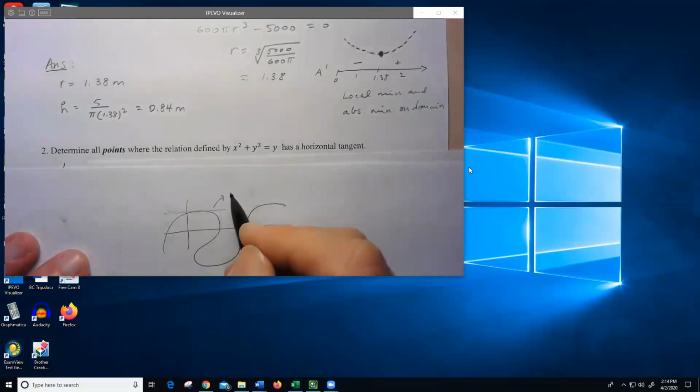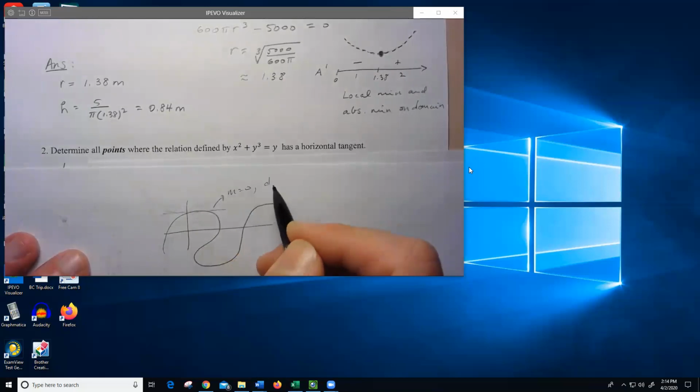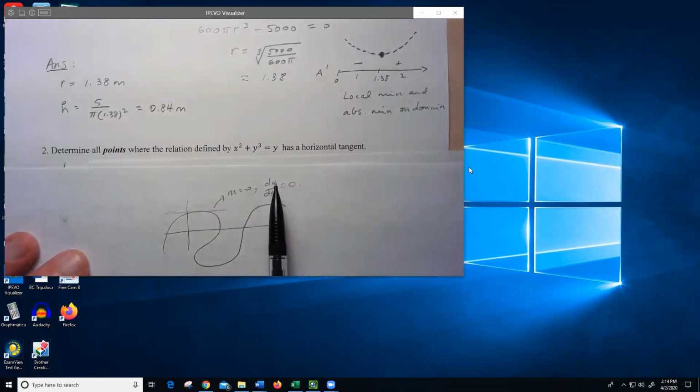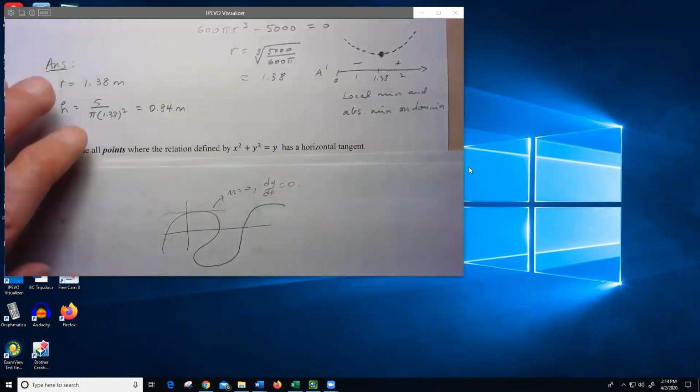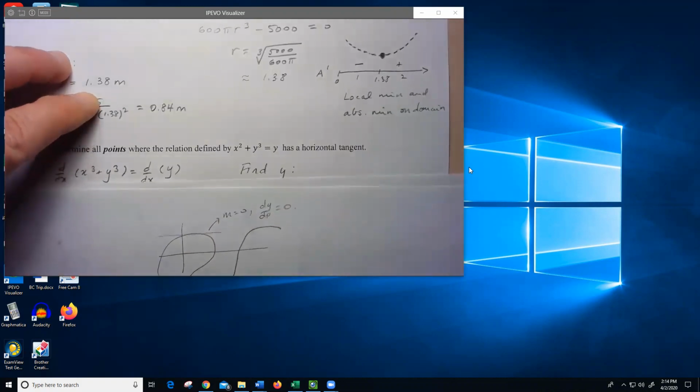So the slope is still represented by the derivative of y with respect to x, in other words, when the change in y with respect to a change in x is equal to 0. Problem is that we can't isolate y, so this is where we use implicit differentiation.